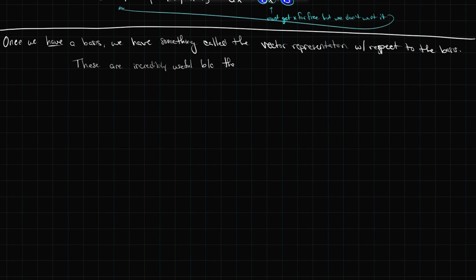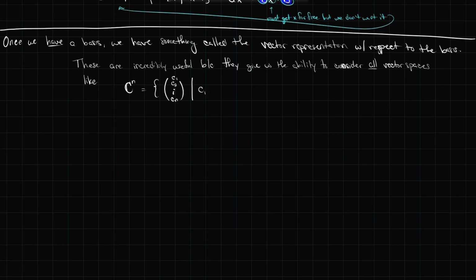because they give us the ability to consider all vector spaces like c to the n, which was these of like c1, c2, ... cn. I should say all finite dimensional vector spaces.